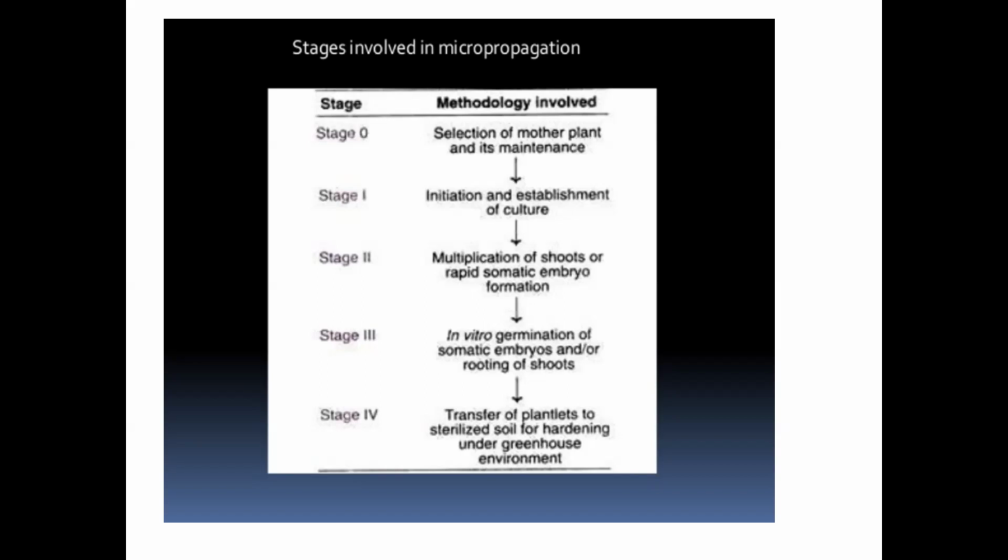Either you go in for organogenesis, meaning the regeneration or de-differentiation of callus to form different organs, shoots and roots, or you go in for somatic embryos. Finally all the plantlets are subjected to hardening under greenhouse environment and later in the soil environment.